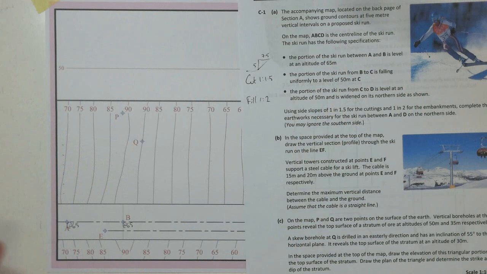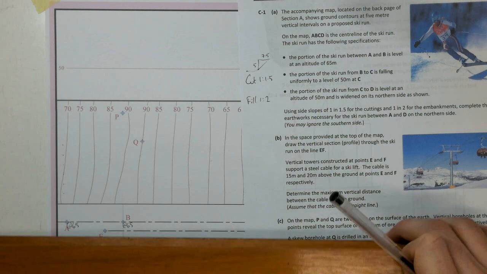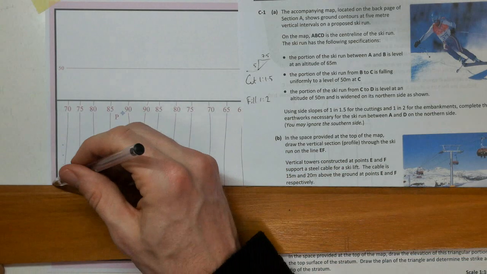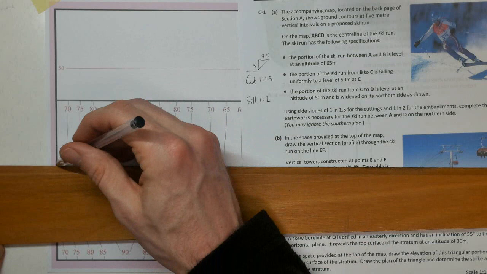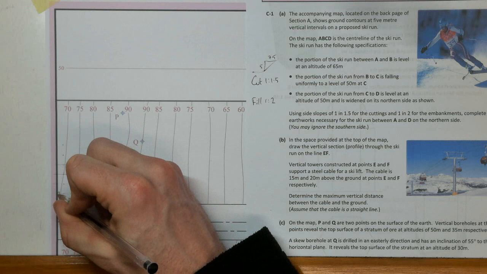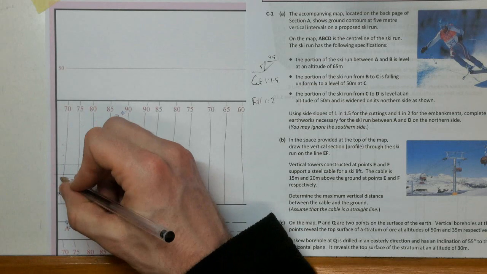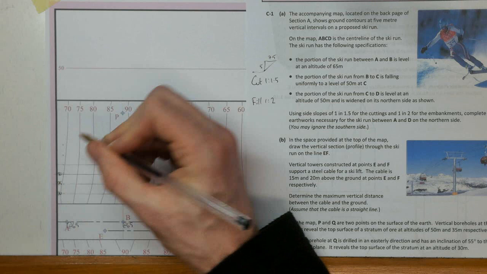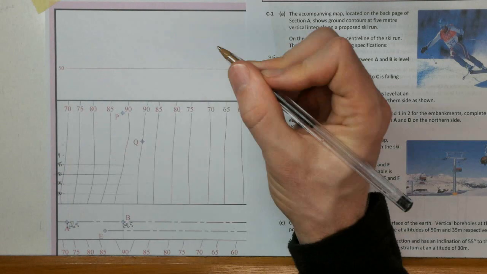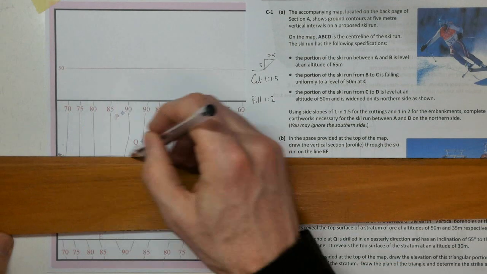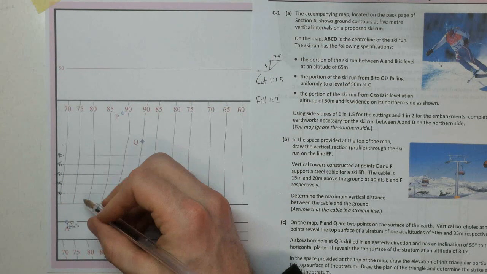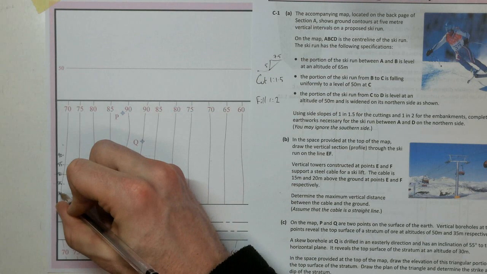Okay, so at a level of 65, we're going to have cuts. So that's 65, 70, 75, 80, 85, and also 90. They're the heights that I need. There's nothing above that, so we can come along here to my 70s, actually right on that.